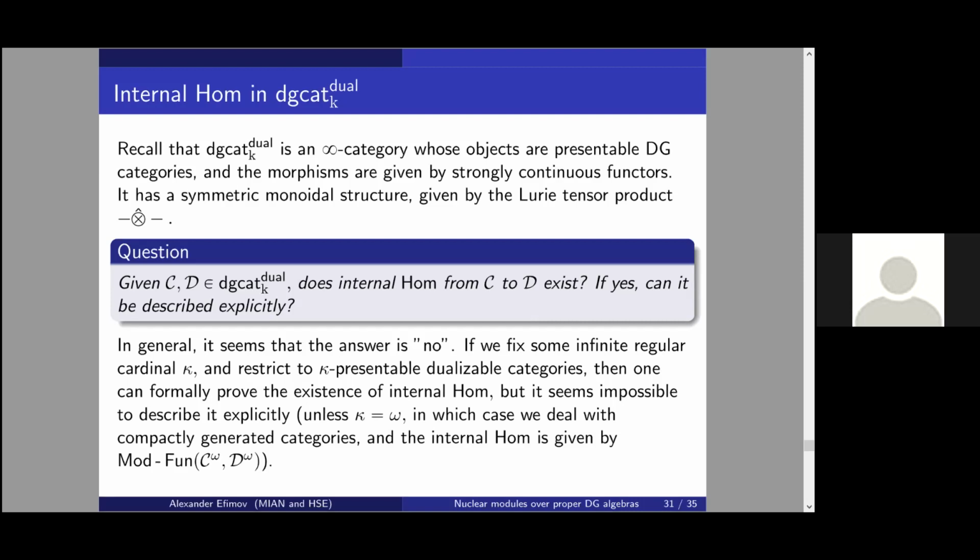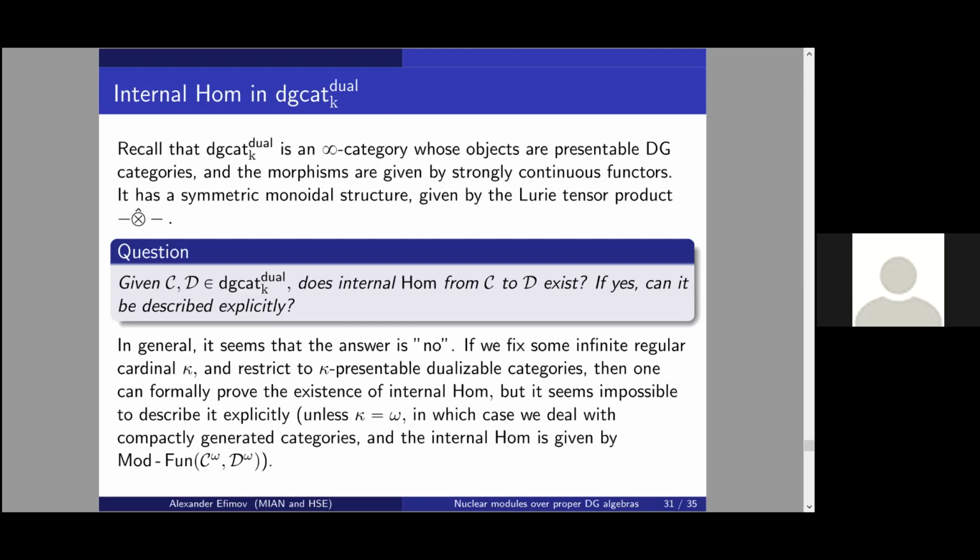It can of course be described in the special case when this cardinal is omega, in which case we just consider compactly generated categories, and this internal hom is given by modules over functors between compact objects. But in general it's something totally incomprehensible, and there is no stabilization when you enlarge the cardinal.